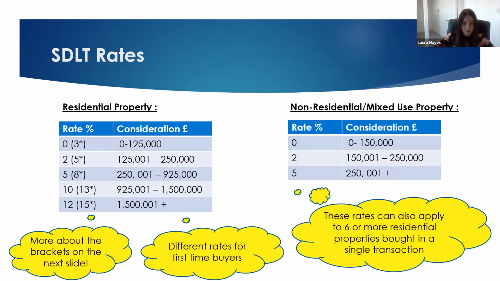And secondly, you'll see on the left-hand side of that table for residential property that sometimes different rates are applicable. I'll talk about these on the next slide. And in relation to non-residential and mixed-use property, it should be noted that these rates can also apply to 6 or more residential properties bought in a single transaction.